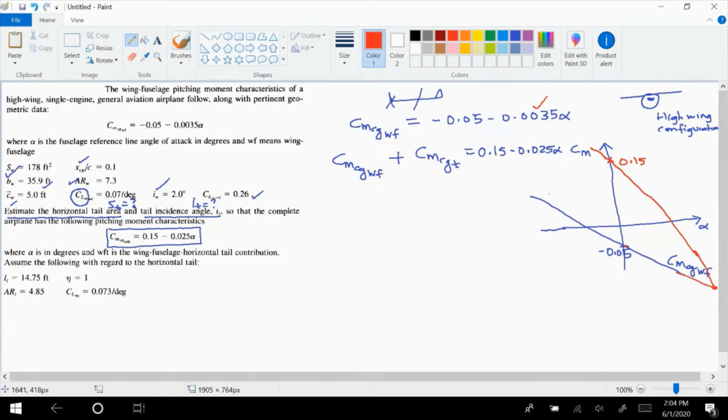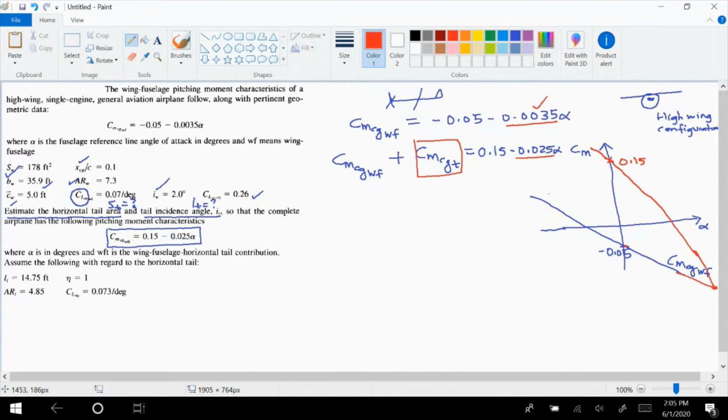So how is that being achieved? That's being achieved from the tail contribution, you see. Because when we add the tail contribution, the intercept has become positive. It's now 0.15. And another thing to notice here is that we are adding the tail to make the slope steeper, which means the aircraft will be more statically stable. So if you look at the slope of the moment coefficient because of the wing and fuselage, it's minus 0.0035. Compare that with minus 0.025, which is a bigger number in magnitude.